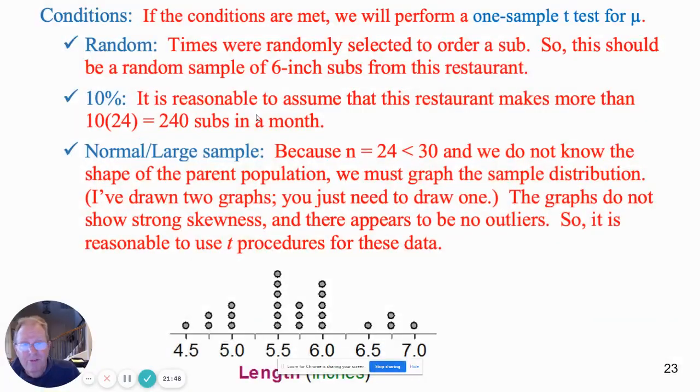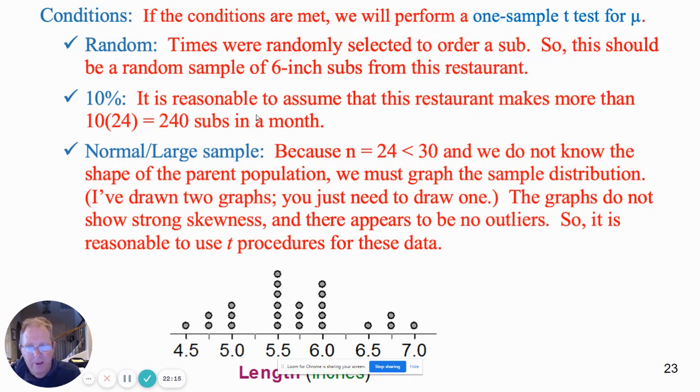Because the sample size is 24, and that's less than 30, and we do not know the shape of the parent population, we're going to have to graph the sample distribution. Now it says here I drew 2 graphs, but I only drew 1 really. And I look at that graph and I say, no strong skewness and no outliers, so we're going to pass the test. So when you pass the test, there's only a couple things that you can say.